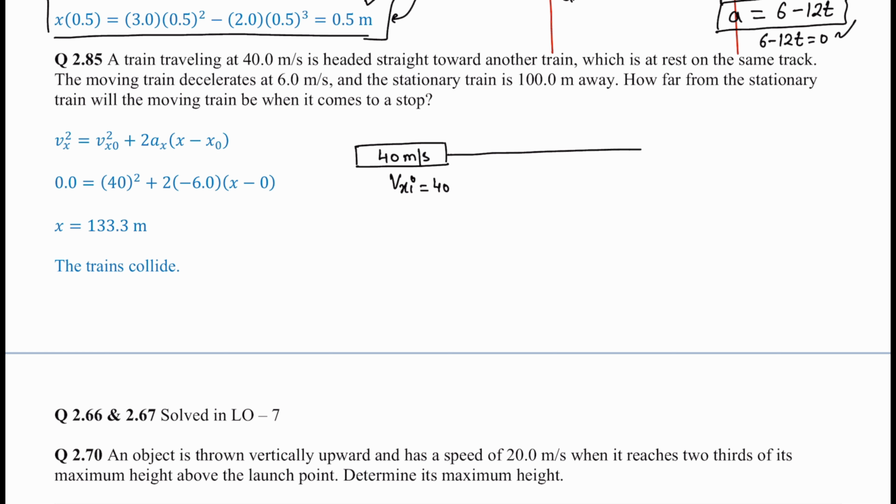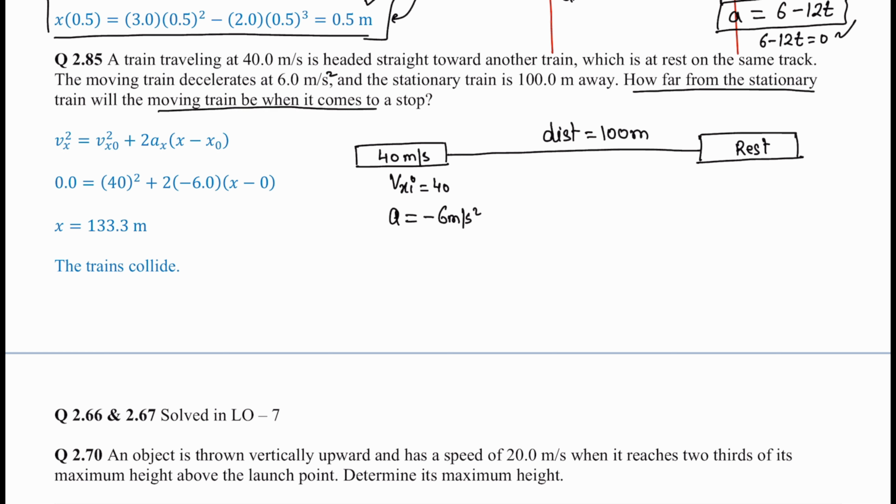Let's say you are moving on this track and there is another train, and this is at rest. Fine. The moving train decelerates, so acceleration is negative 6 meter per second square. And the distance to the stationary train is 100 meter. How far from the stationary train will the moving train come to stop?